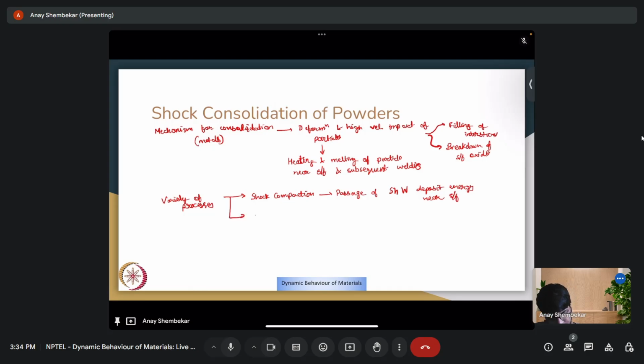Second is shock induced chemical synthesis, wherein compounds are formed, where you have a compound forming from a powder mixture. You can also have a shock induced phase transformation.